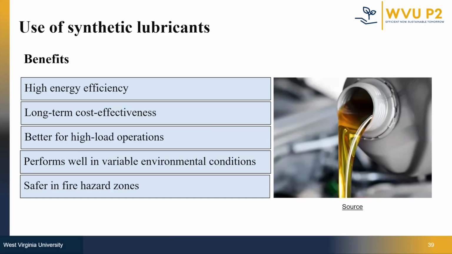Over time, that also makes them more cost effective since equipment runs smoother and lasts longer. They are especially useful in high load operations where regular lubricant might break down. Plus, they are more stable in variable environments where it is really hot or really cold. They will still perform well. And one often overlooked benefit is safety. Synthetic lubricants are less flammable, so they are safer in fire hazard areas.